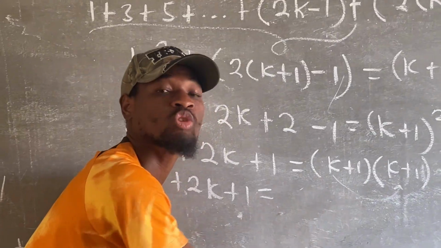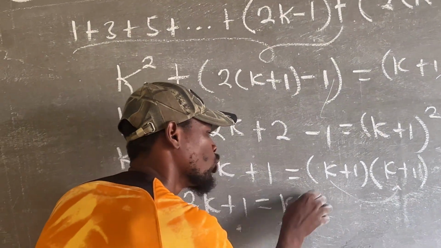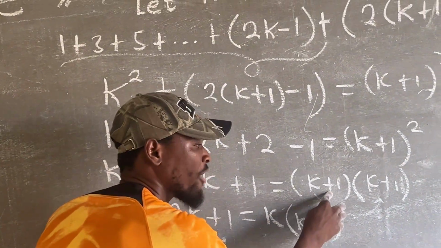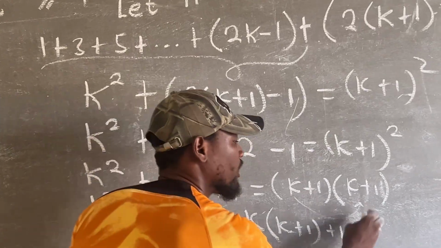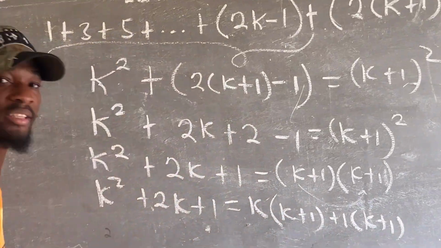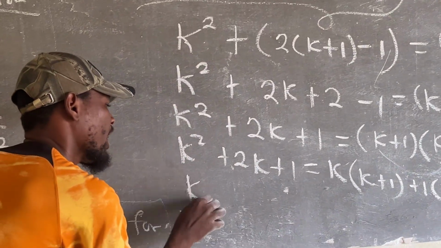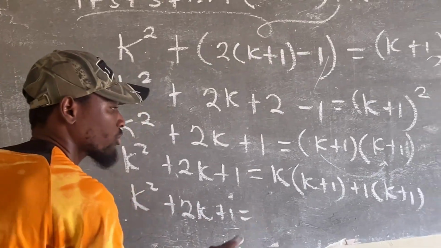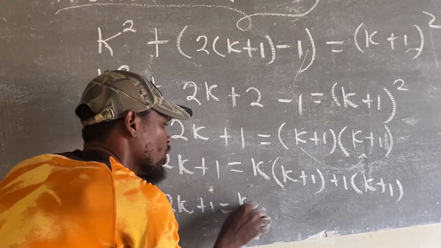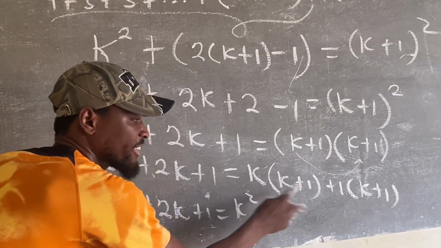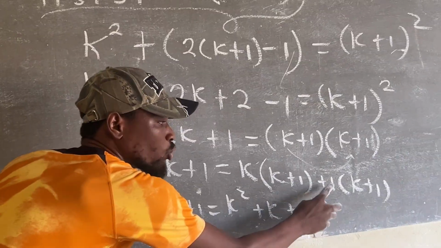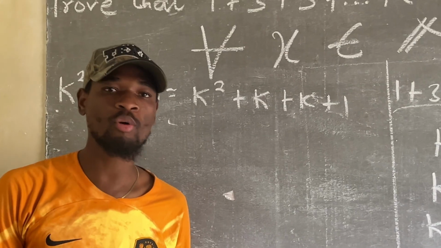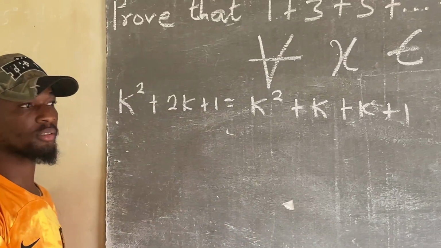You already know multiplication of binomials. So I have my k, you open parenthesis, you put everything here, k plus 1, then plus 1, then k plus 1. So k squared plus 2k plus 1 is equal to k times k is k squared, k squared plus k, k times 1 is k, then plus 1 times k is k, then plus 1 times 1 is 1.